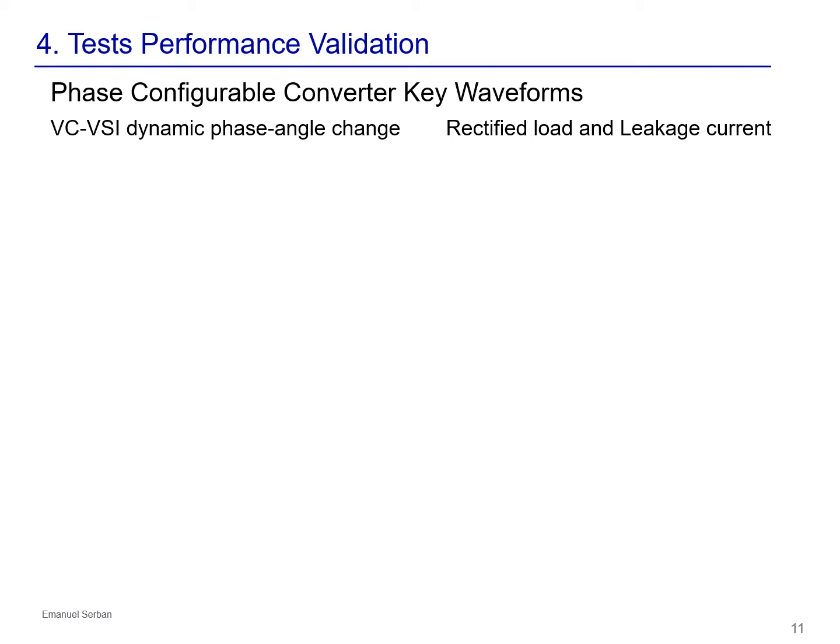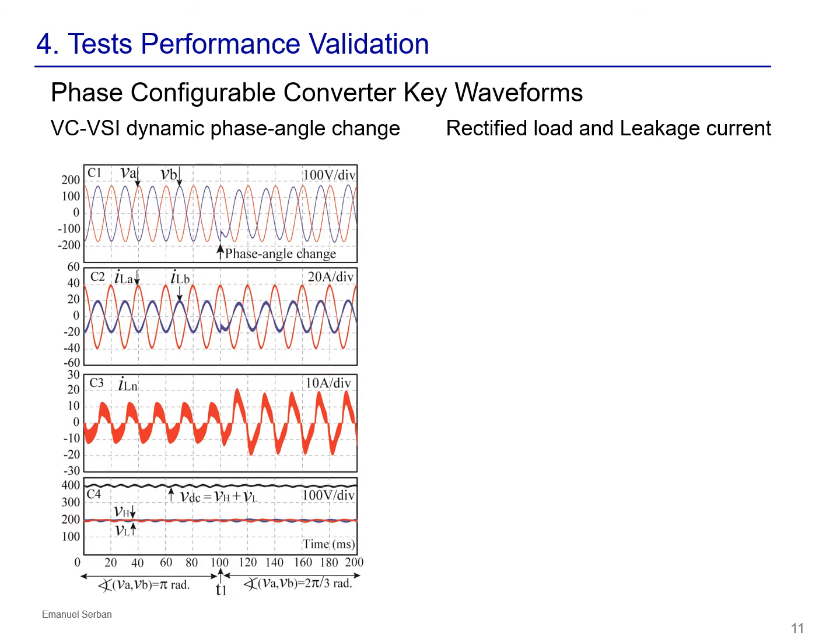Another test applied to the phase configurable converter in voltage forming mode, or without the AC grid presence, is shown in the following figure. At the moment T1, a phase angle change is applied between phase A and phase B from 180 degrees to 120 degrees between the phase converters.